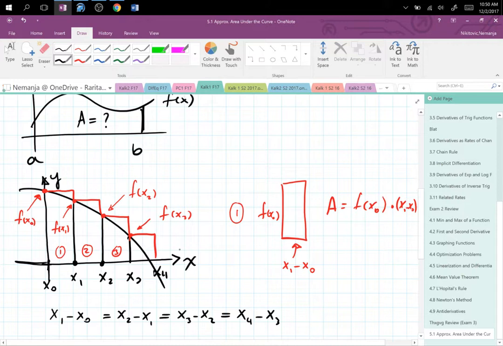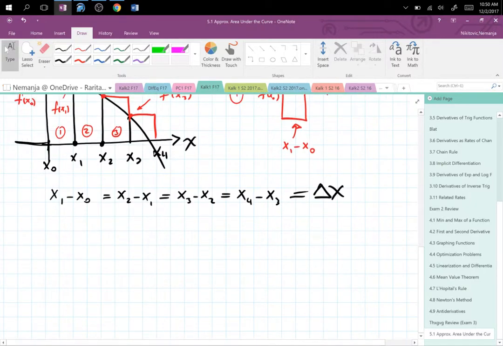Each one of these distances is the same, and we're just going to call that delta x. It's the change in x, from x0 to x1, from x1 to x2, x2 to x3, and x3 to x4. They all have the same width, which we're going to call delta x.